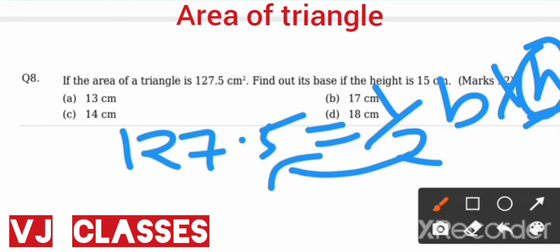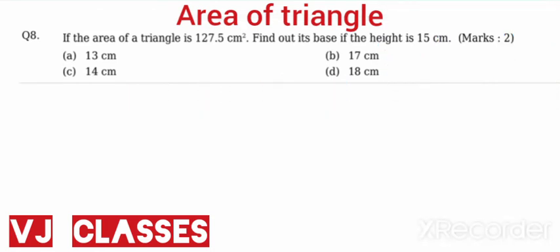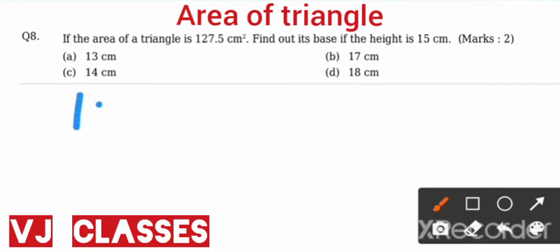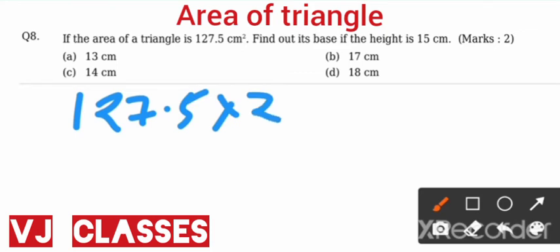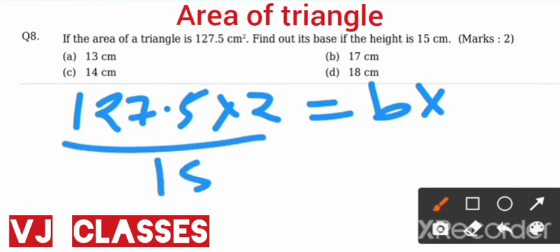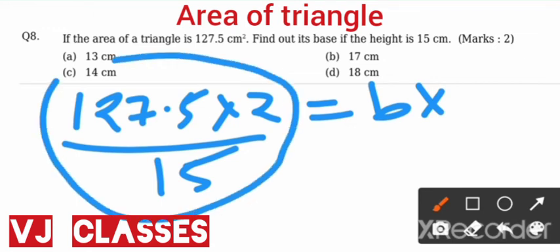So let's start the calculation. 127.5 multiplied 2 is equal to b, and multiply we are writing with 15, so that 15 will go in denominator, fine, clear. Now you have to solve this, only this part you will get your answer.